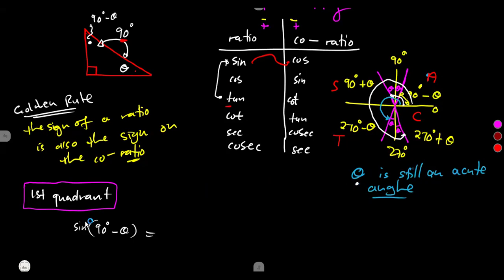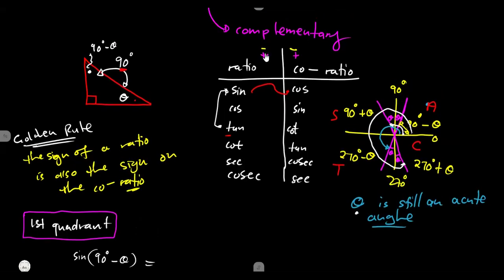But we are asking ourselves, we are in the first quadrant. So what about this part that we are given, our ratio? If we are given a sine, it must change to its co-ratio, which is cos. So sine changes to cos. But I said a positive ratio gives a positive co-ratio, and a negative ratio gives a negative co-ratio.